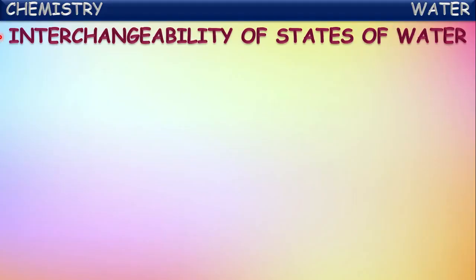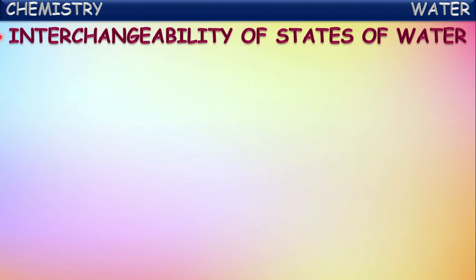Before that, let us talk about the interchangeability of states of water. We said water exists in three different states. What are those? Solid, liquid, as well as gaseous state. In the solid state, water is available in the form of ice. At normal temperatures, water exists in the liquid state.